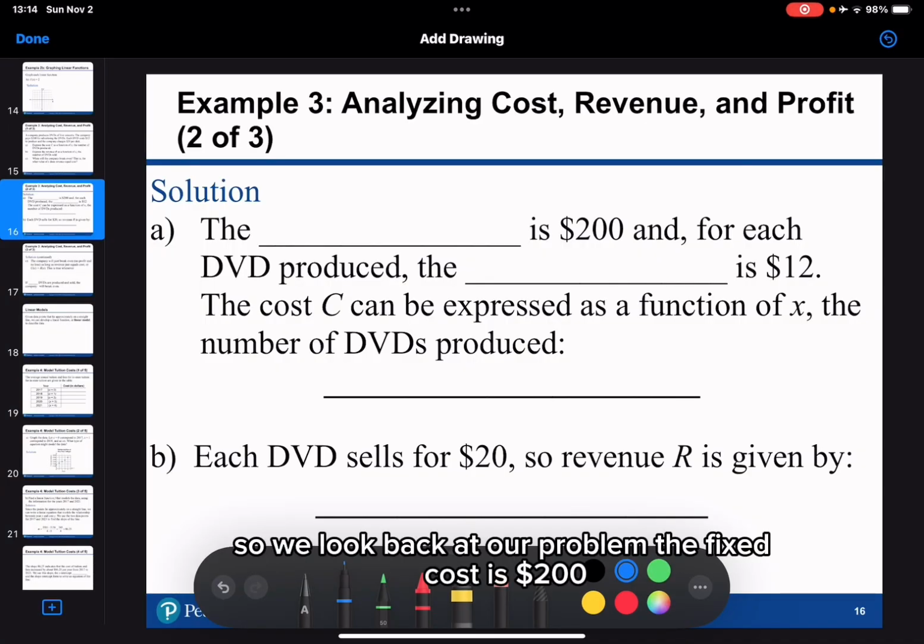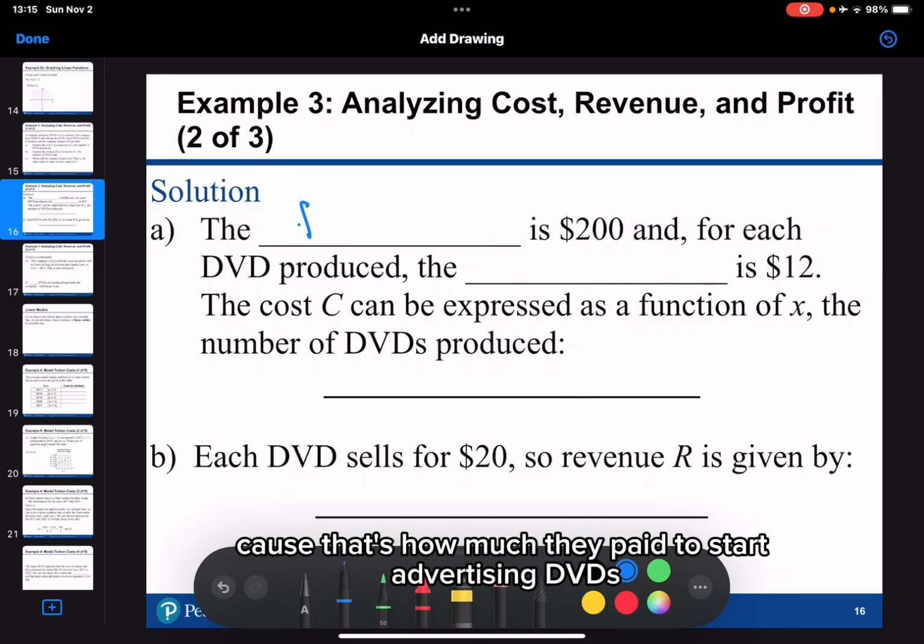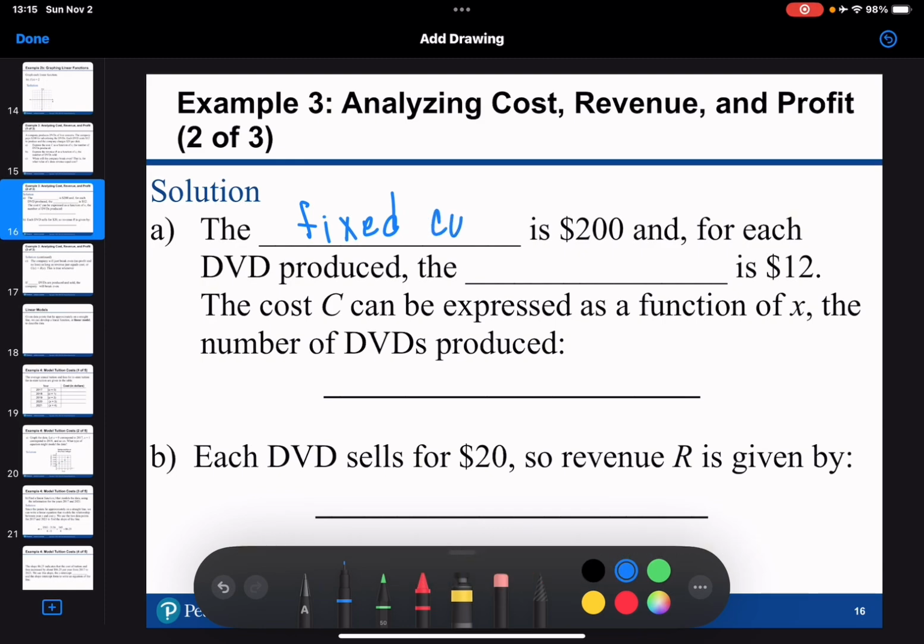So we look back at our problem, the fixed cost is $200, because that's how much they paid to start advertising the DVDs. For each DVD, the variable cost is $12.